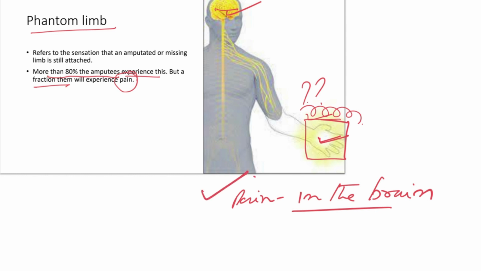So if something can be done about the limb, pain in the brain can be changed. But what can be done about a limb which is not there? That is a question.